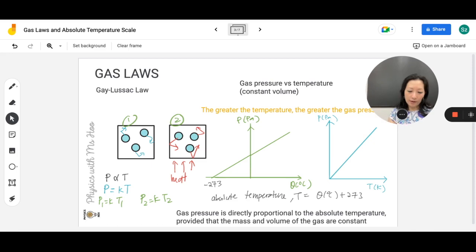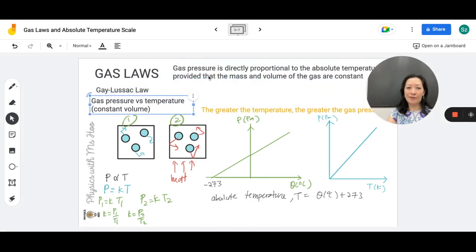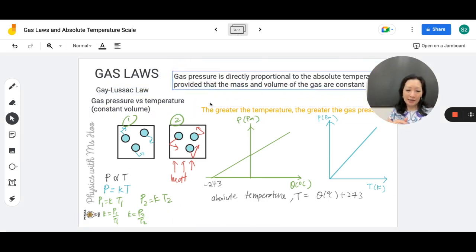So from here, because K will be the same, if we rewrite this, you get K equals P1 over T1 and K equals P2 over T2. Combining them, let me just move. I realize I did not give enough space. So I'm just going to move this out of the way here. And what we will get in the end is this relationship.